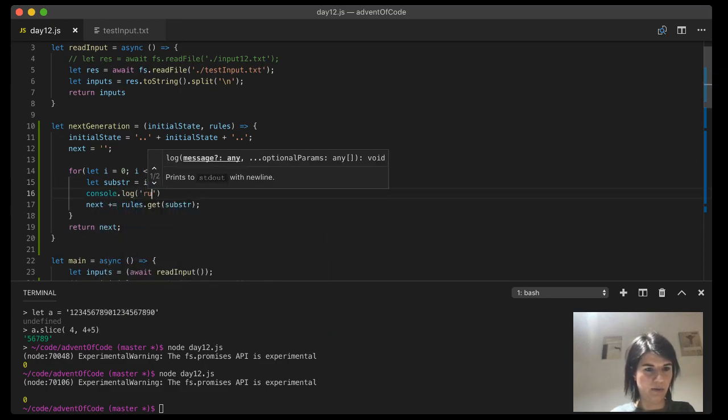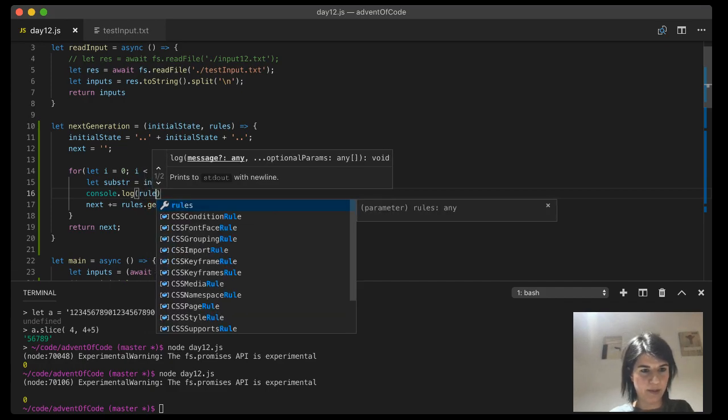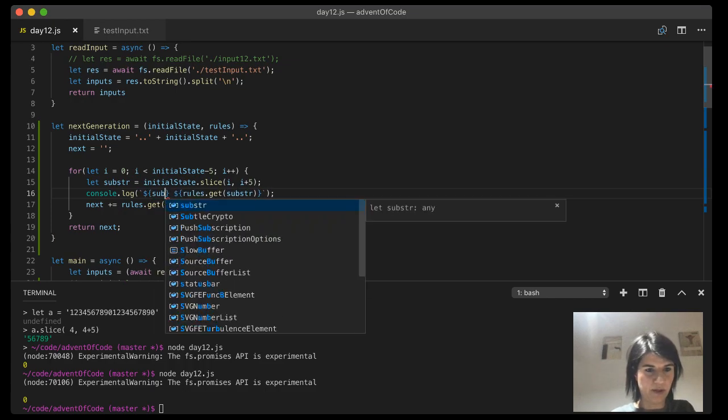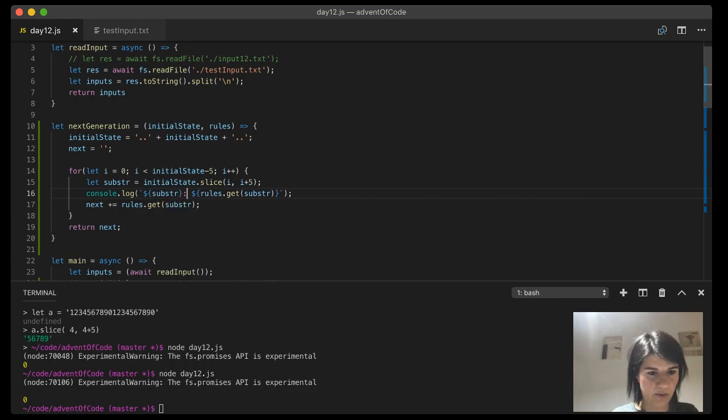Console.log rules.get substring, and for this substring, this is the rule.